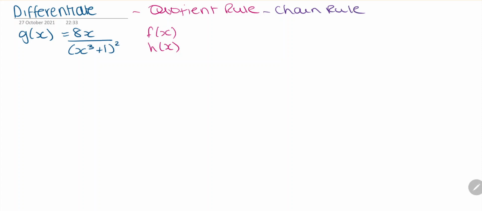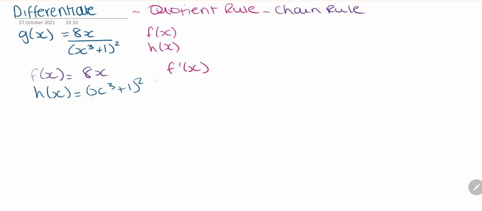So first of all, let's write out our functions and the derivatives. So we have f of x, this is 8x, and let's say h of x, this is (x cubed plus 1) squared. Now the derivative, so if I take the derivative of f, this is going to be equal to 8.